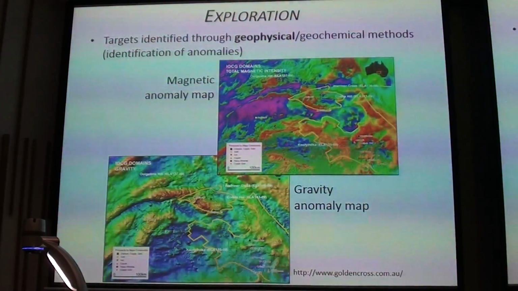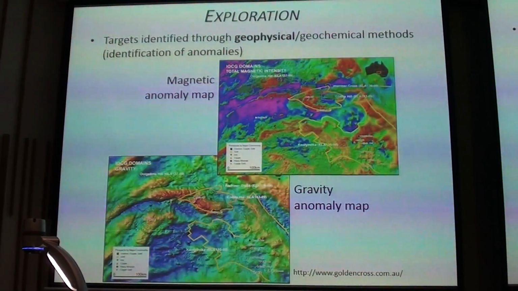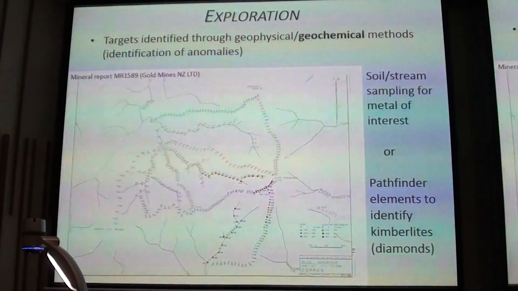So that might be interesting to further explore, and so the chief exploration geologist decides to send a couple of geos off to the ground and investigate further.